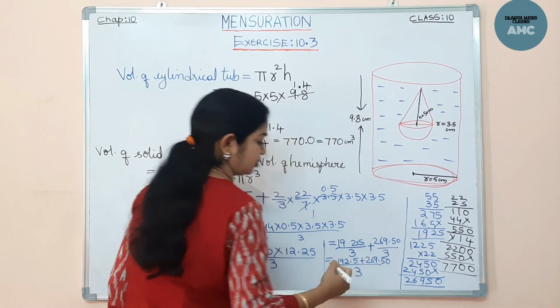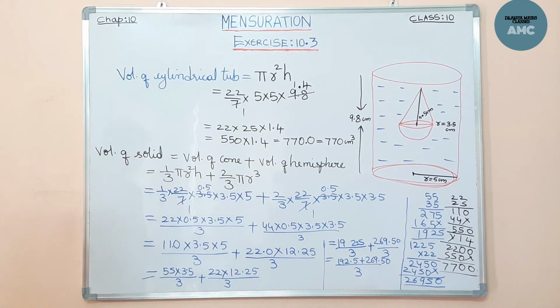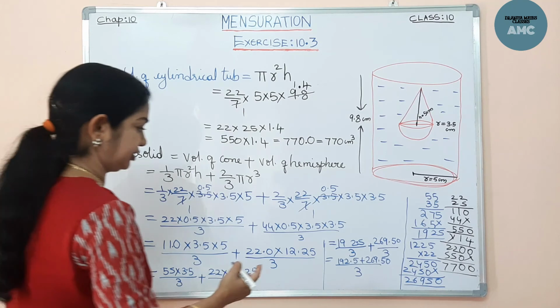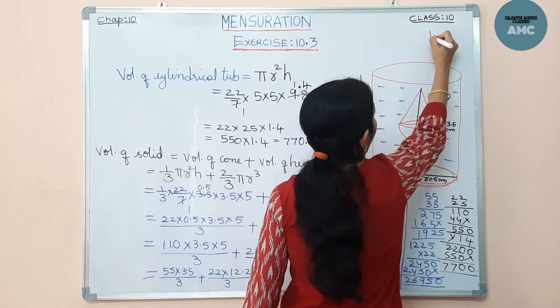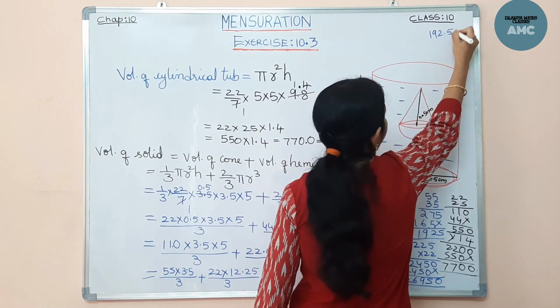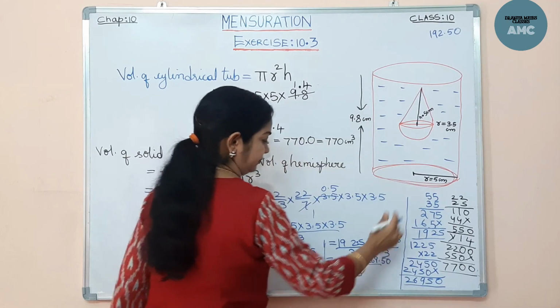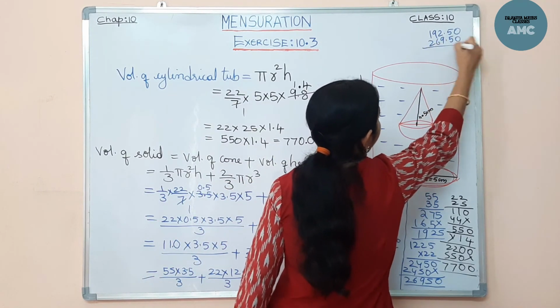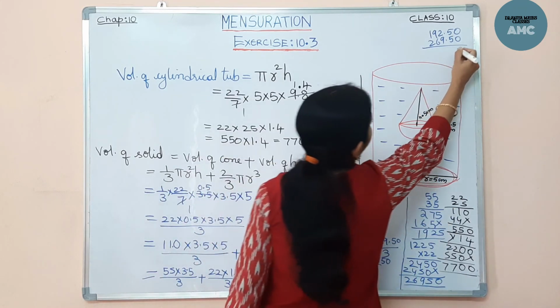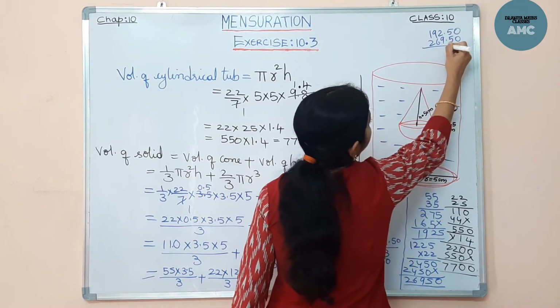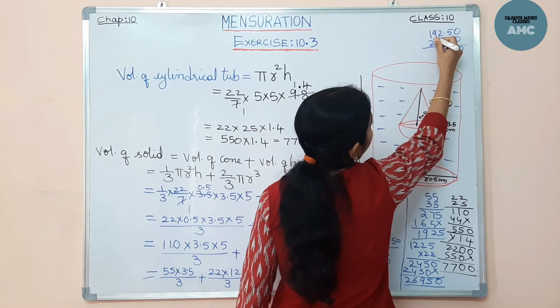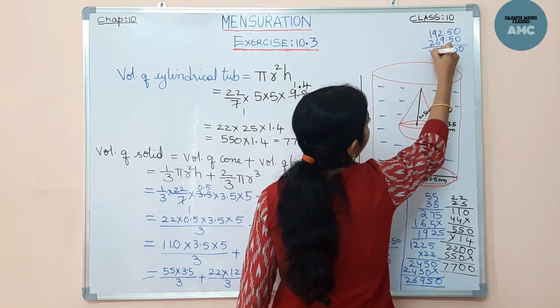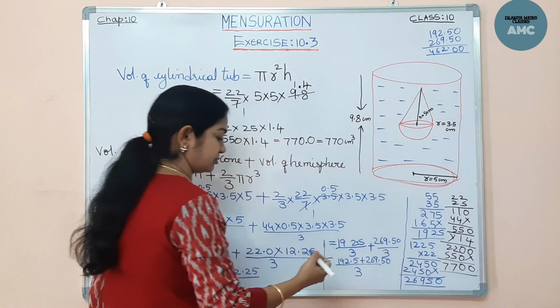269.50. So if you add them, let me do that addition somewhere here: 192.50, 269.50. So this is 12, 16, so 462.00.